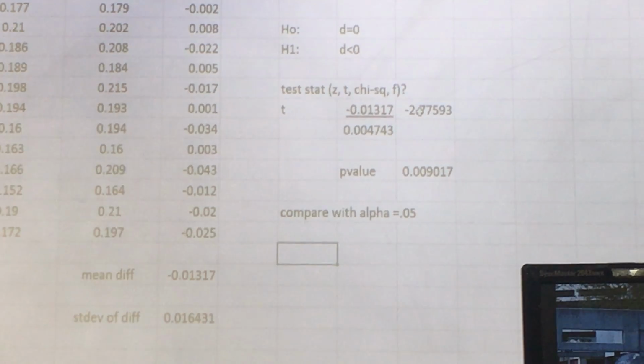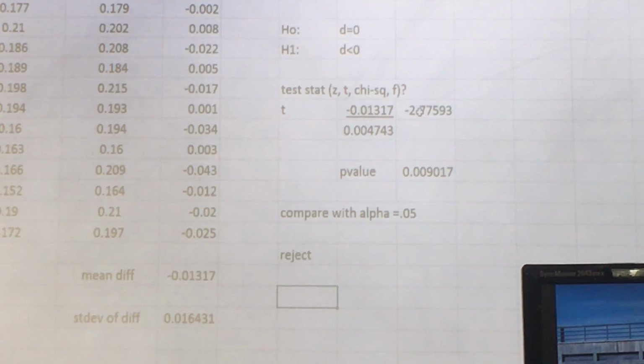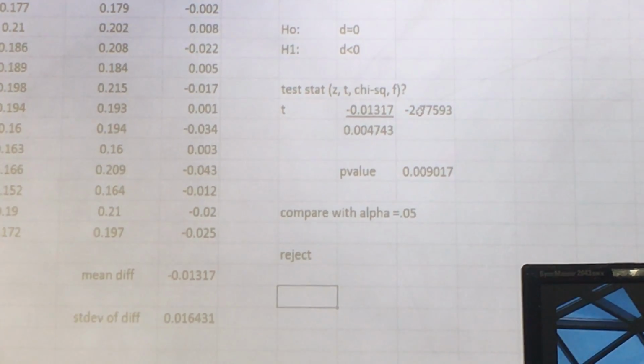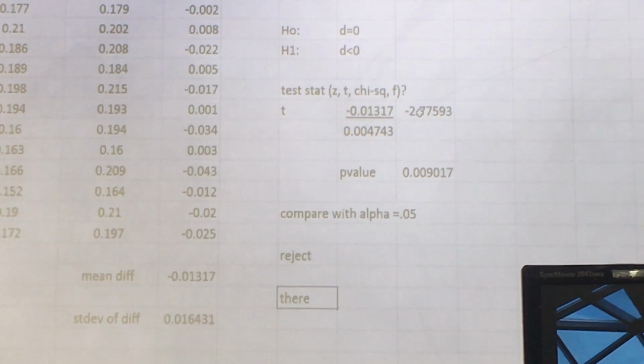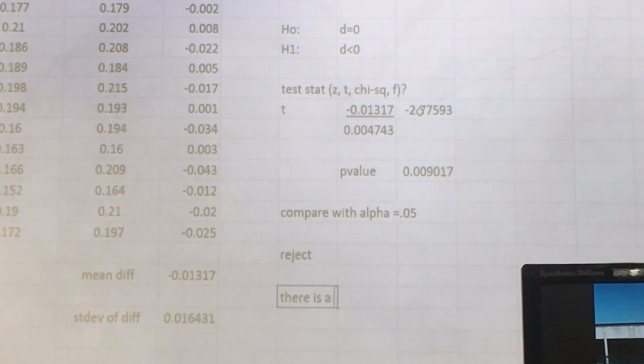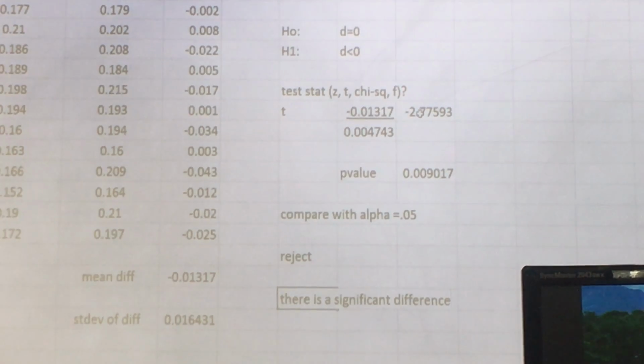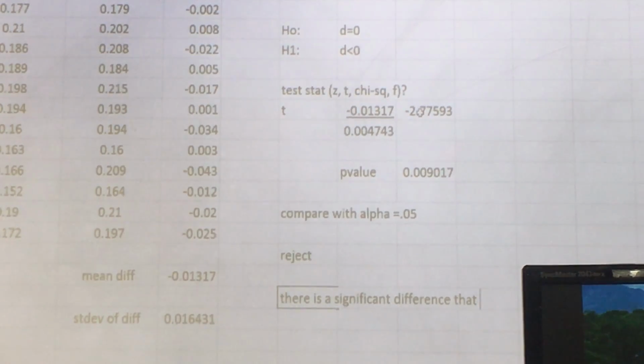So I reject, which means there is a significant difference, and there is evidence that dominant hand is faster. Okay?